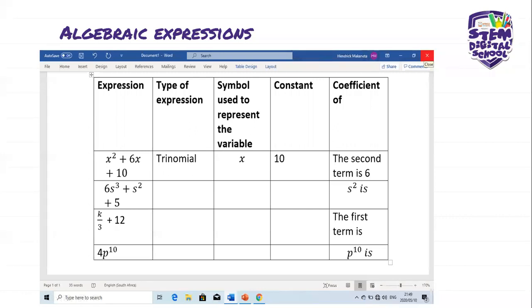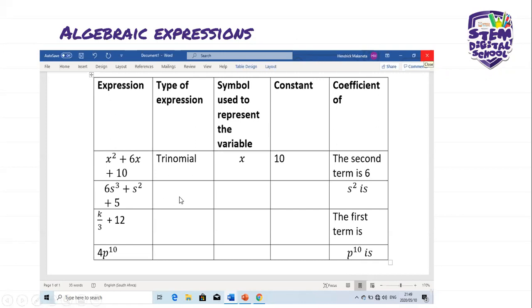That is what we have done now. Now I want to give you an opportunity to answer the different questions based on the second expression here. The second expression is 6s cubed plus s squared plus 5. Now I want anyone to tell me what type of an expression this is.